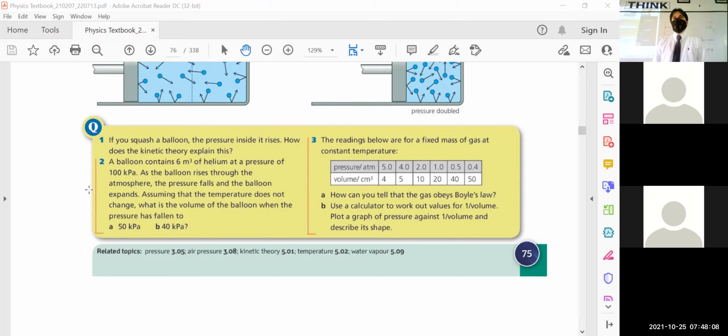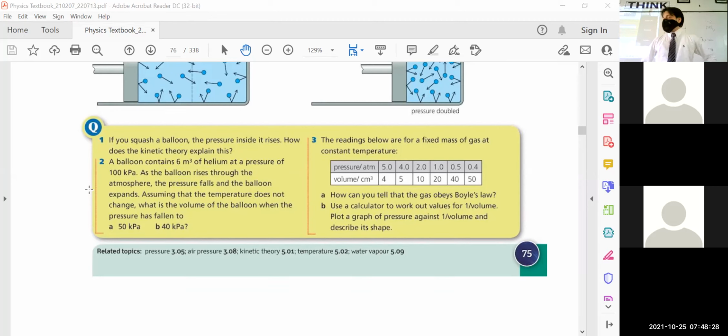A balloon has some initial volume. You have your notebook? Take out your notebook and try, please. Or even you can note it down in your textbook also.